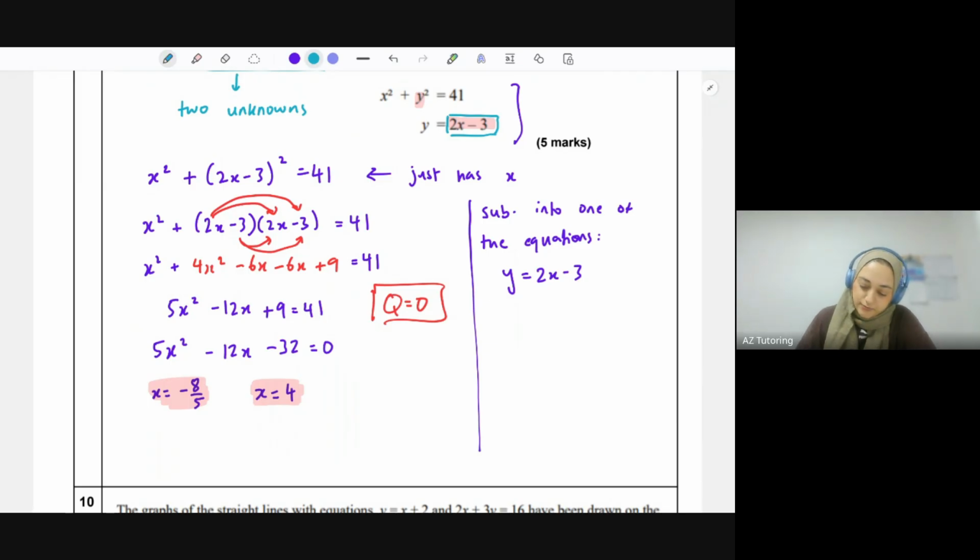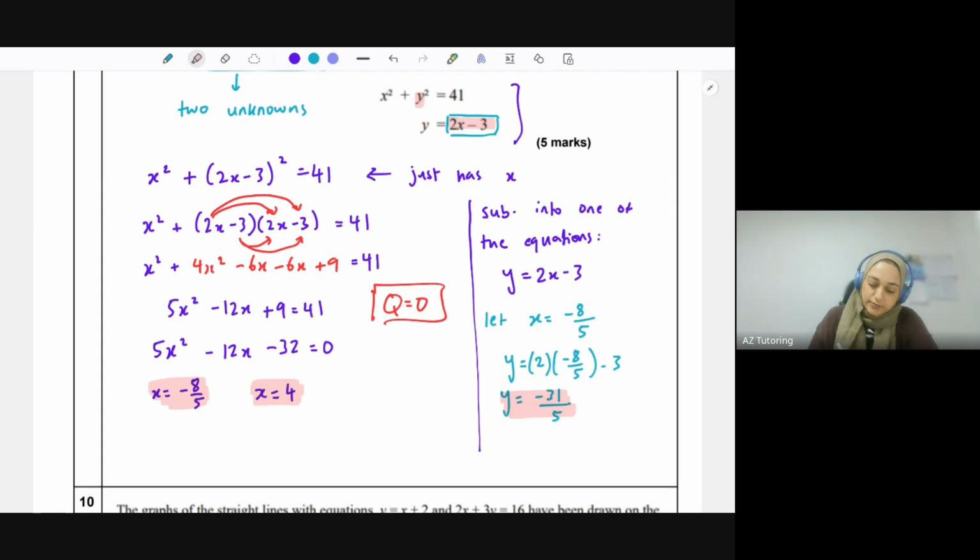So let's let x equal minus 8 over 5. Plug in that here, I get y equals 2 times minus 8 over 5 minus 3. So I get y equals, for that one, minus 31 over 5. So there's your next answer.